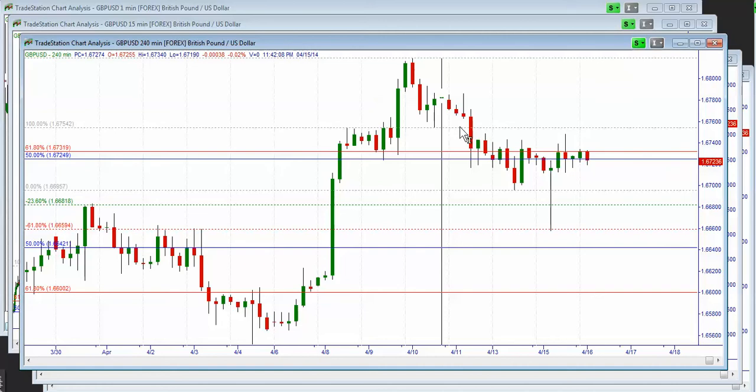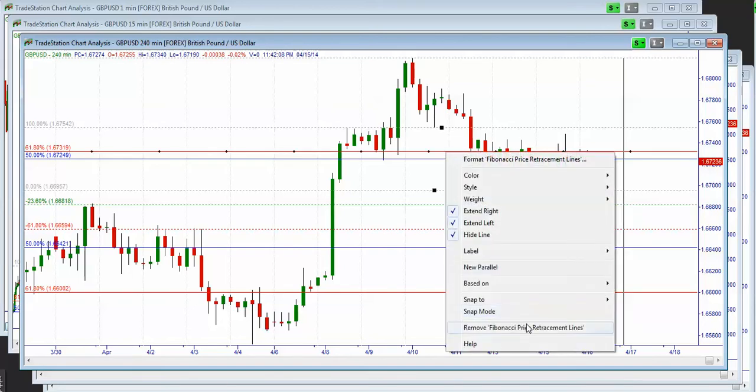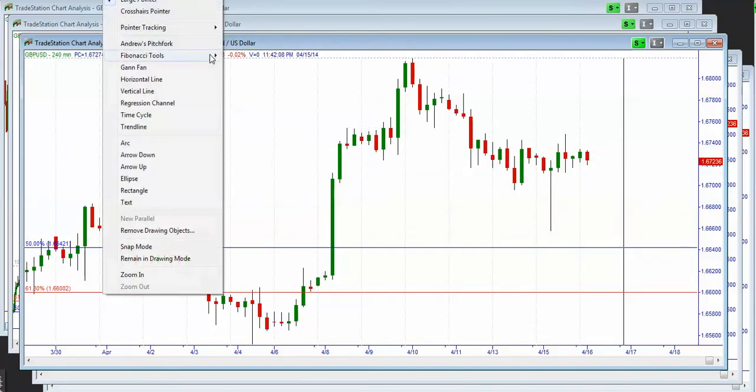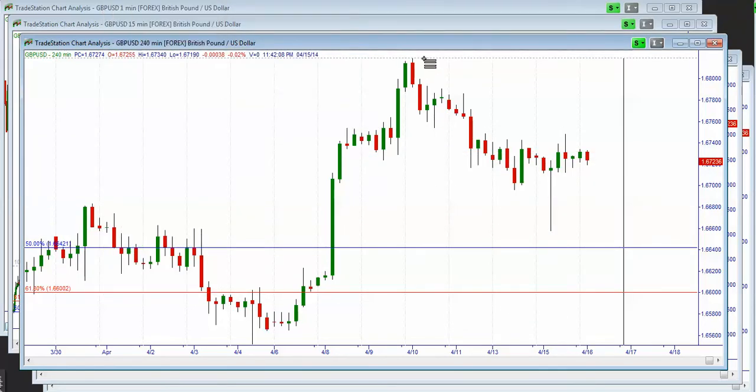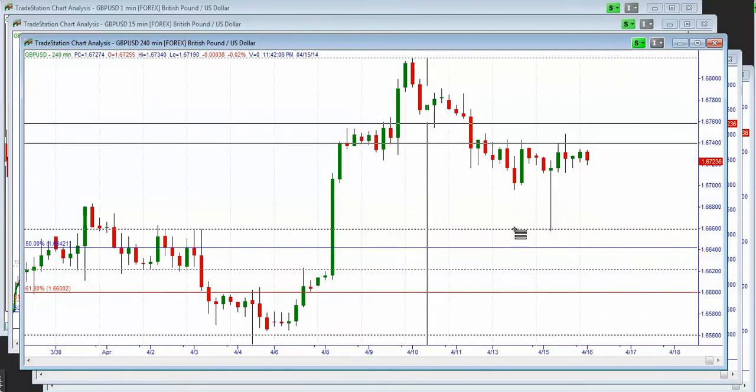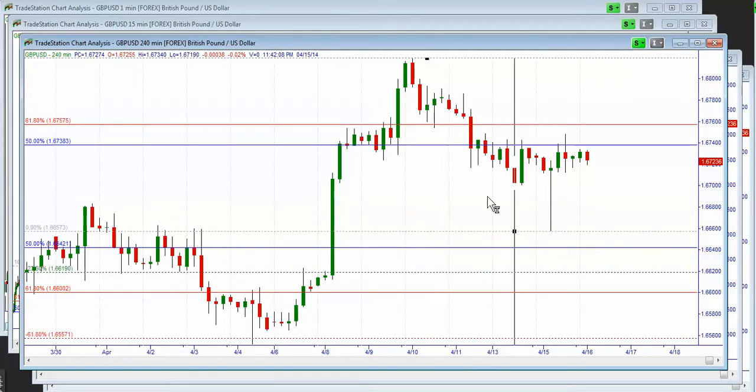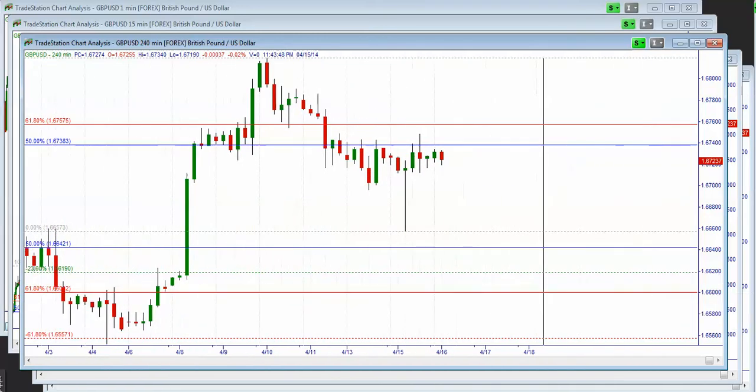Once program trading on the 4-hour chart saw that the second target was hit, they started buying this market, and this market moved higher and is now trading the old halfway back short. So we are still not out of the woods here. This market still has the potential to properly test and trade this 166.42.